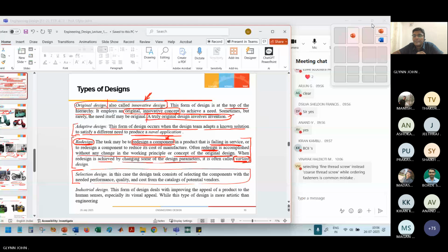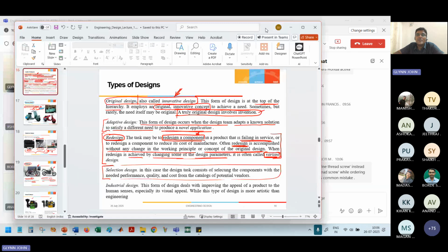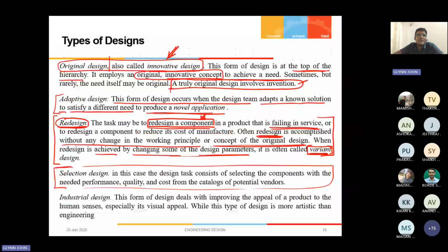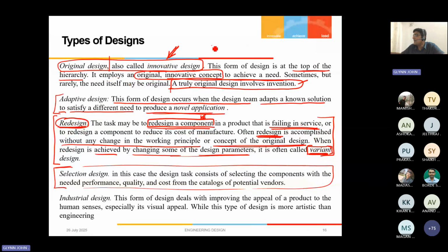Selecting, yeah, fine thread screw, you can pick. See now when you're specifying a screw, you have to specify the pitch, right? Now, for example, if I specify M8 by 1.25, dash 20, what I mean is M8 thread, and 1.25 is the pitch.